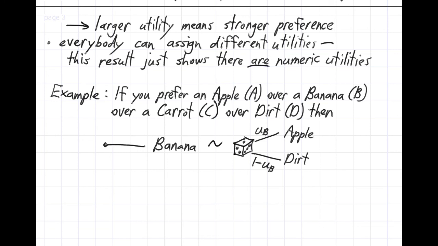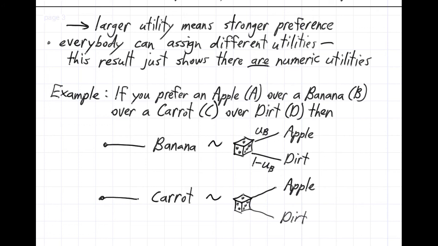With that lottery, this player, or you, would become indifferent to these two choices. On the other hand, let's look at the sure thing of getting a carrot or another lottery. Again, the lottery outcomes are going to be either the best thing, the apple, or the worst thing, dirt. And we're going to be indifferent if that lottery pays out the apple with the probability UC. Otherwise, it pays out dirt.